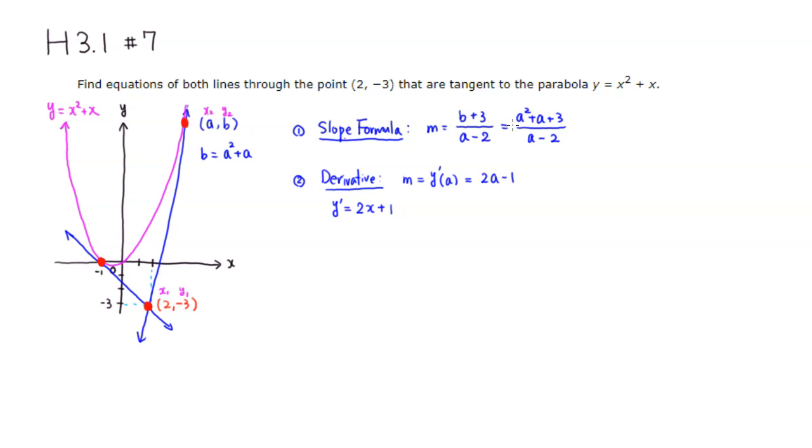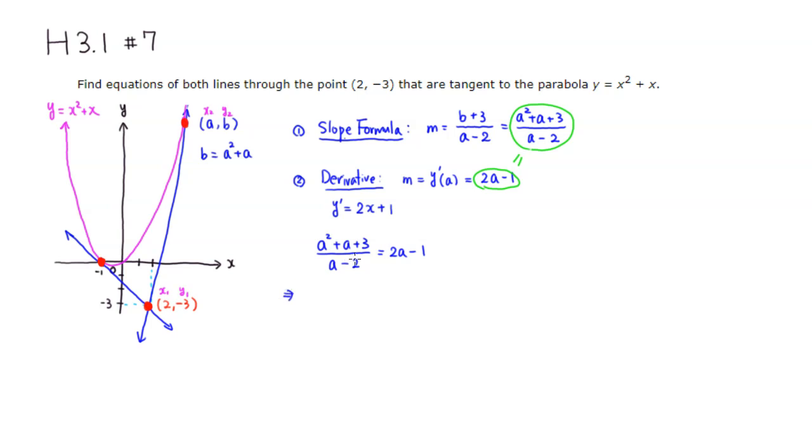But since we're talking about the slope of the same tangent line, these two values must be the same. So I'm going to set these two equal to each other: (a^2 + a + 3) over (a - 2) equals 2a + 1.